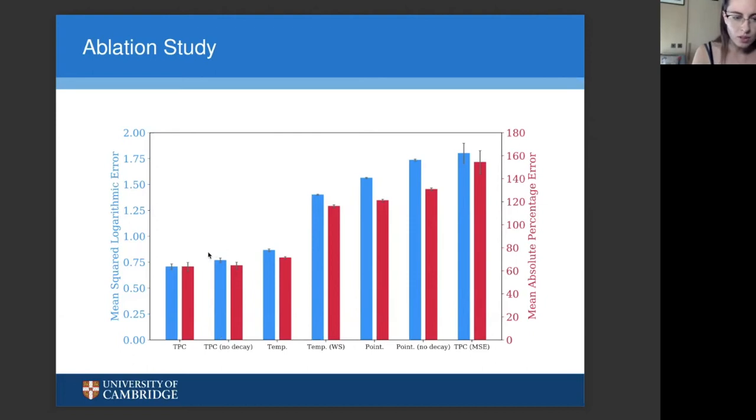The one just to the right of this, if we remember when I showed you an example of one patient's time series, I had a strip underneath each feature which told the model how fresh or stale the data is. And this is just showing if I take out those indicators, how does the TPC model do?